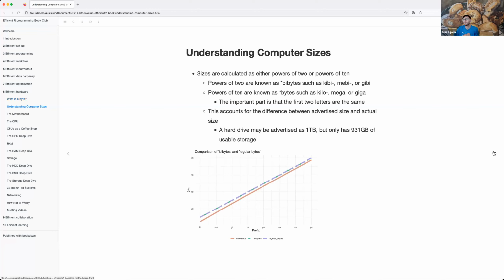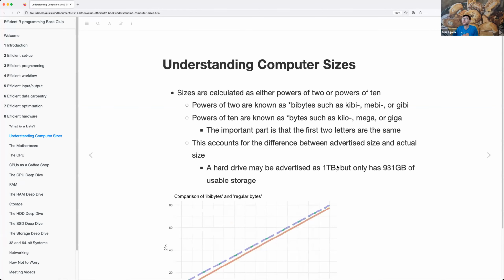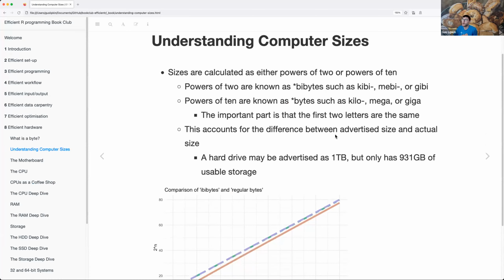And so if we look at computer sizes, sorry, I'm going to zoom in a little bit here. Sizes are calculated as either powers of 2 or powers of 10. And the powers of 2 are whatever the prefix is, and then B bytes. So it'd be kibibytes, mebibytes, gibibytes.